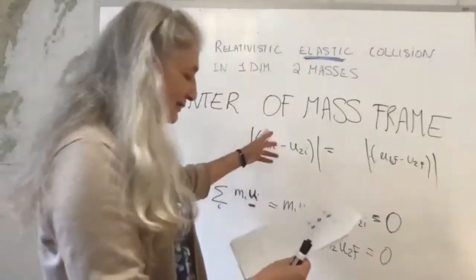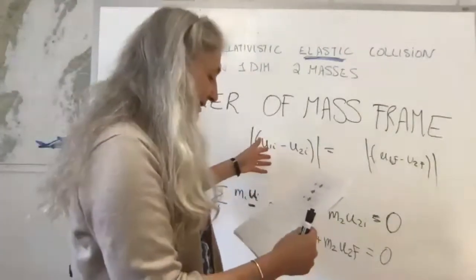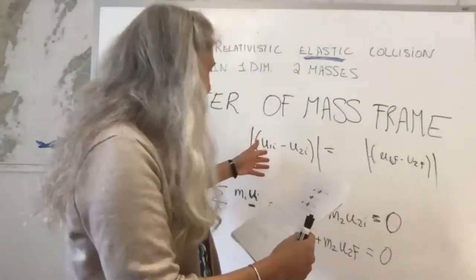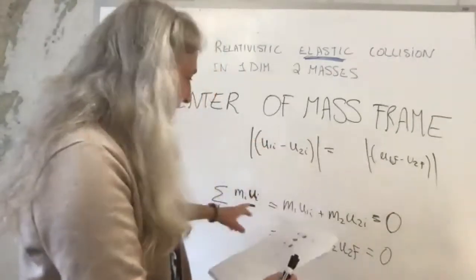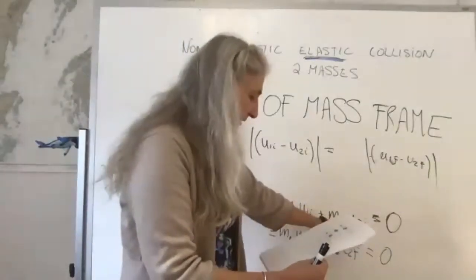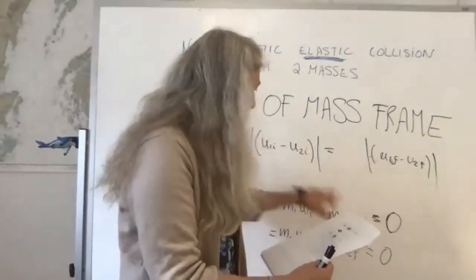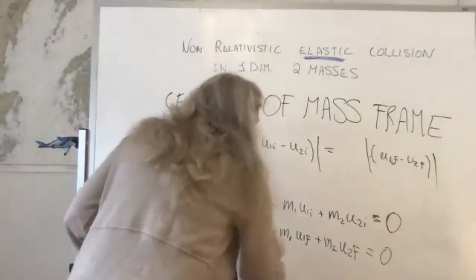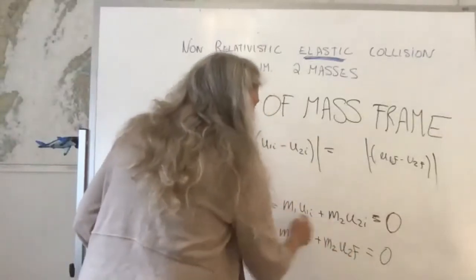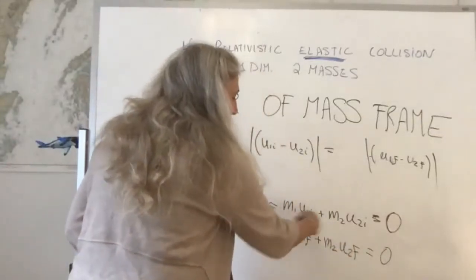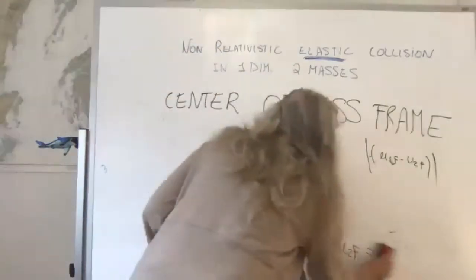So let's do that. We'll get rid of U2i using this condition. So U2i is minus M1 over M2 times U1i.